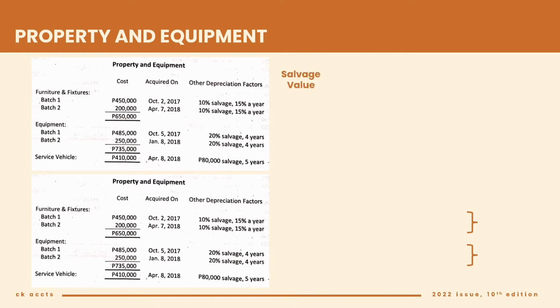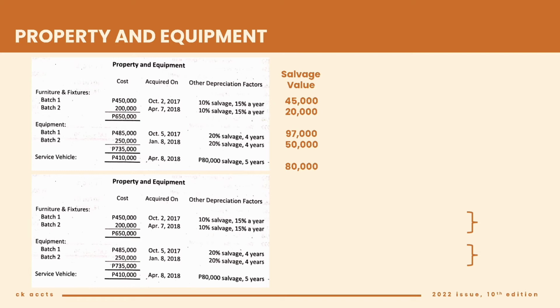Okay? So, magsimula tayo with adding column for salvage value. Sabi dito kasi, ang other depreciation factors daw, 10% daw yung salvage value ng furniture and fixtures, parehong batch 1 and batch 2. So, for us to get that, we have to multiply 10% from 450,000 and 200,000 pesos for us to get 45,000 and 20,000.